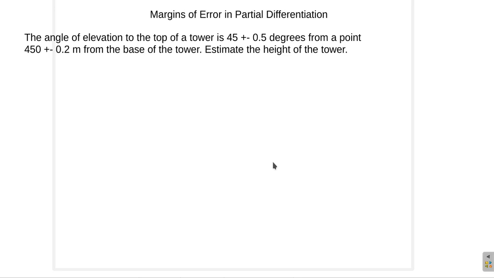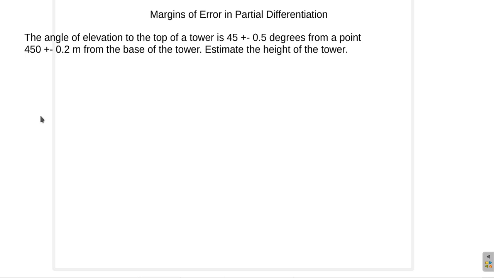We have an example here of a question that falls under margins of error in partial derivative or partial differentiation. In our previous video in this playlist, we had a discussion about how to deal with this type of question, but now we have an example.